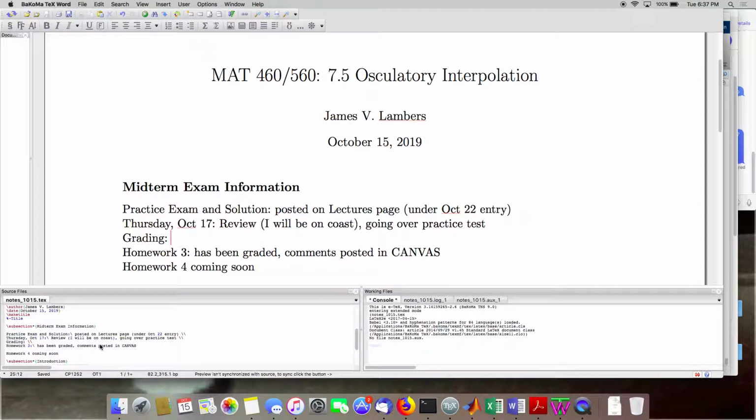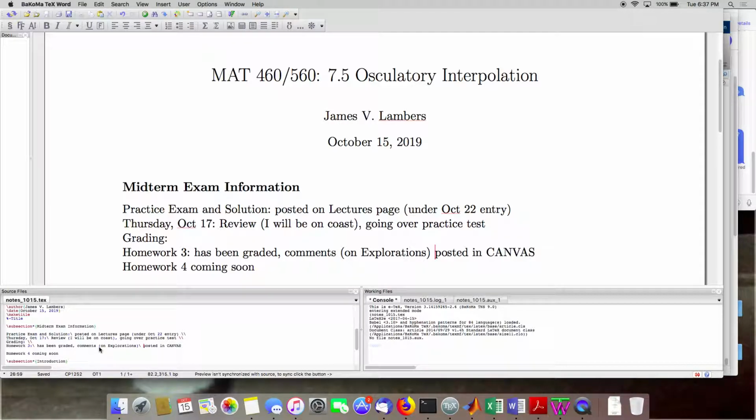So you should be able to see it there. The comments on the explorations are posted there, the same thing that I would send in the email, because it was a whole lot easier to just go in Canvas instead of starting an email.